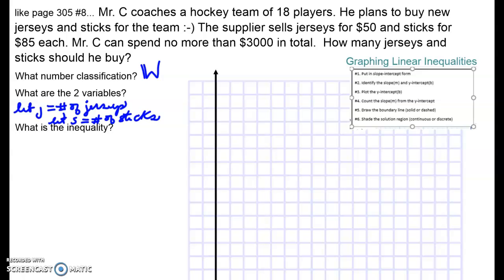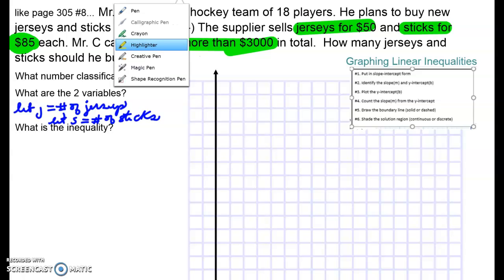We do need to know, because we're looking for the number of jerseys, how much each jersey costs. And we do need to know how much each stick costs. Because we know that we have to keep our costs less than, no more than $3,000. So it's the money issue here that we're dealing with.